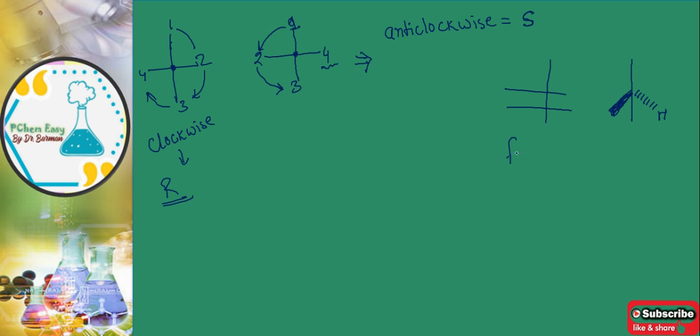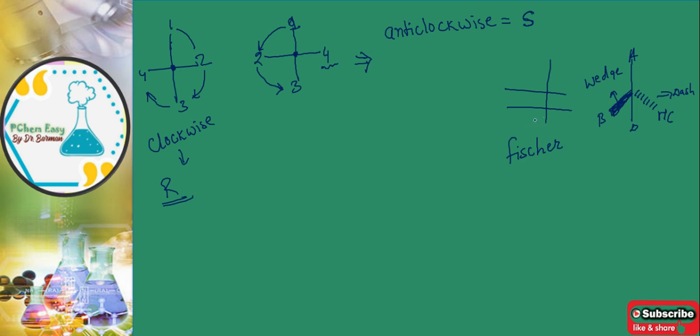This is called Fisher projection, and this is called wedge and dash projection. So you can imagine any groups there, C, D. So this is called wedge bond. This is called dash bond. We will talk about this in the upcoming lectures. So this is called wedge and dash projection. Okay, and this is called Fisher.